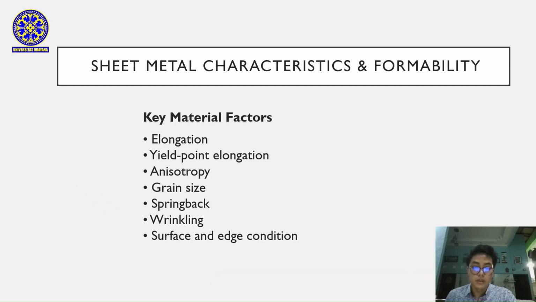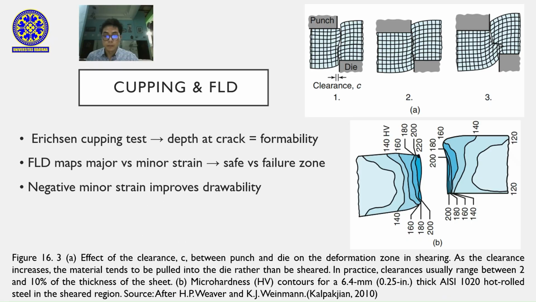Formability depends on several sheet characteristics: elongation capability, yield point elongation, anisotropy, grain size, surface finish, springback tendency, and edge condition. Failure often results from localized necking and thinning, making formability essential for predicting success in forming operations. The Erichsen cupping test evaluates the depth at which a dome-shaped specimen fractures.